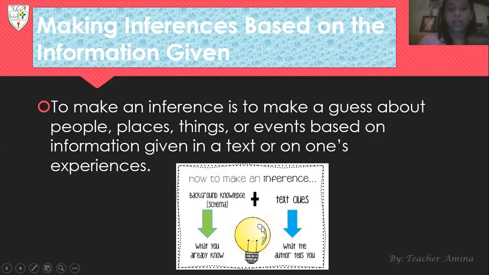Then you add it with text clues, or context clues, that are in the text or the paragraph or the story. What is the author telling you? That is how you are going to make your inference.